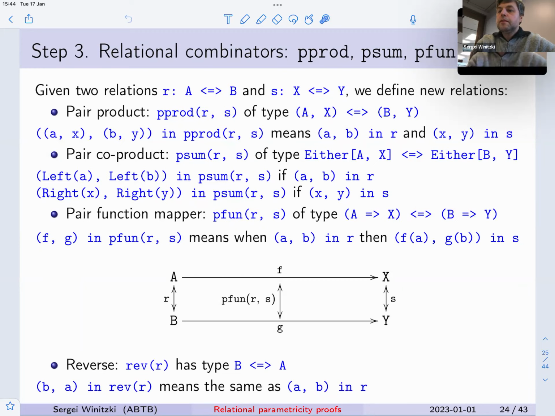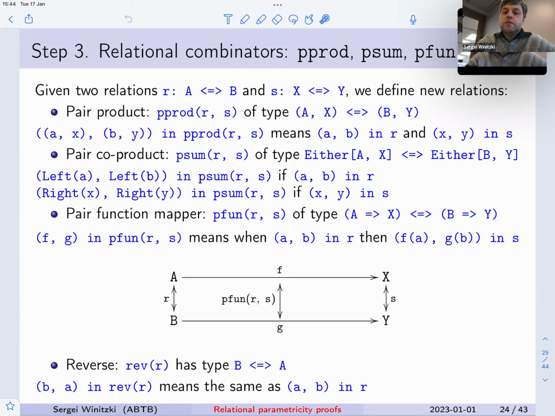You cannot take a function from a to b, a function from x to y, and get a function from a to x to b to y. That doesn't work. And so this construction is why essentially relational lifting is more powerful than lifting of functions, and that's why it solves the difficulties with parametricity.